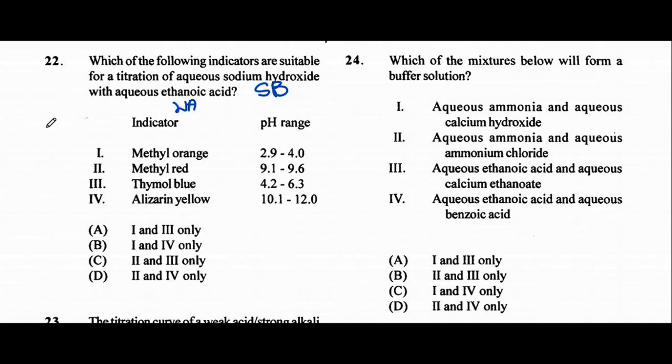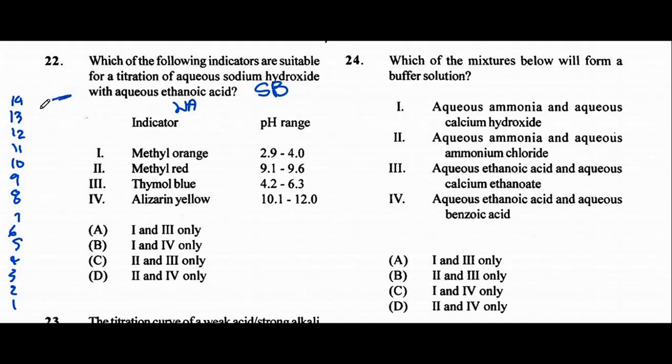How I do this, I usually just write the scale here to make it easier. So 14, 13, 12, 11, 10, 9, 8, 7, 6, 5, 4, 3, 2, and 1. And I have a strong base, so I'm going to start right here.